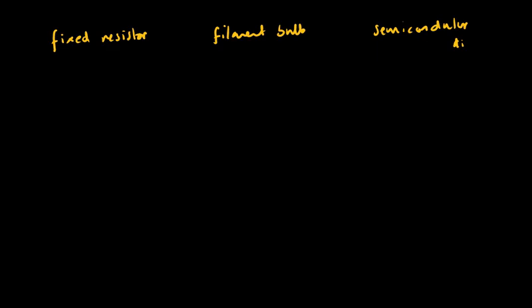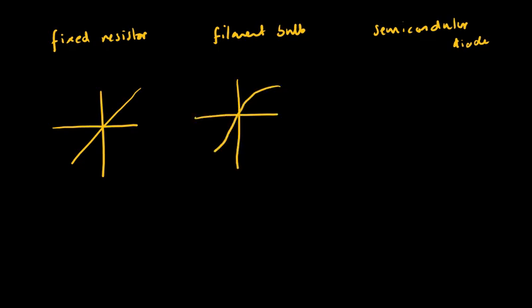So have a go at that. Okay, so you've done that, and your fixed resistor looks like this. Your filament bulb looks like so, and your semiconductor diode looks like so.